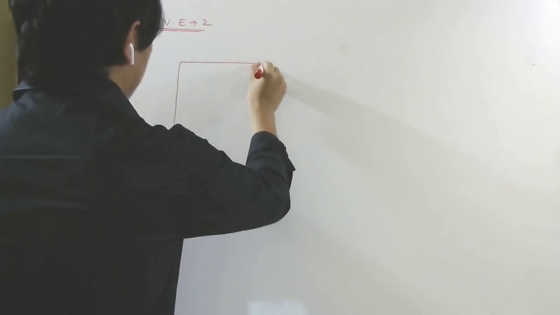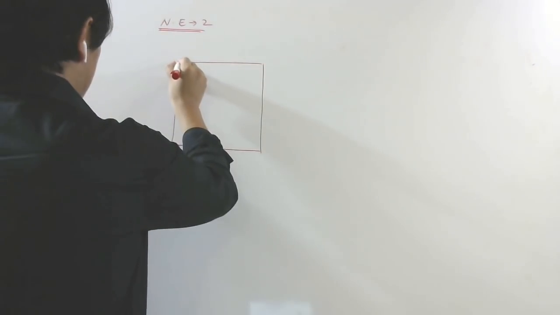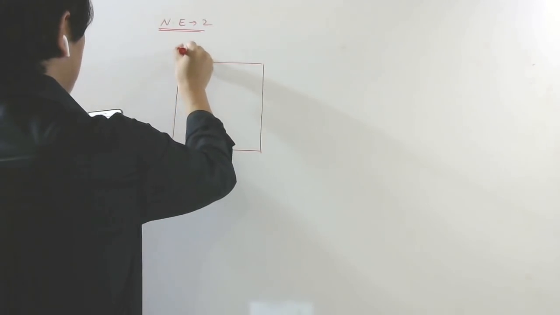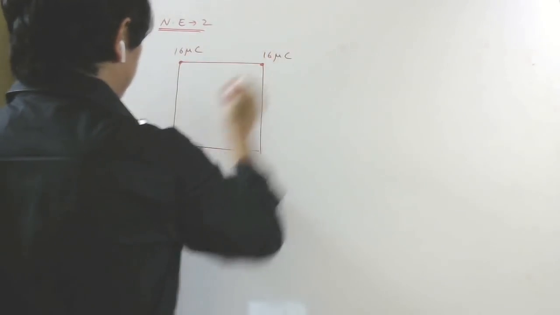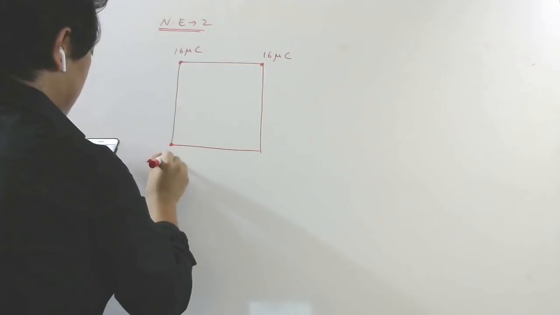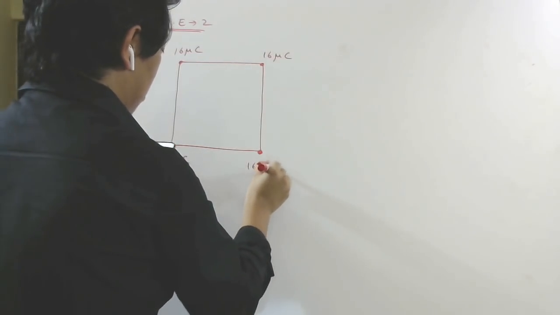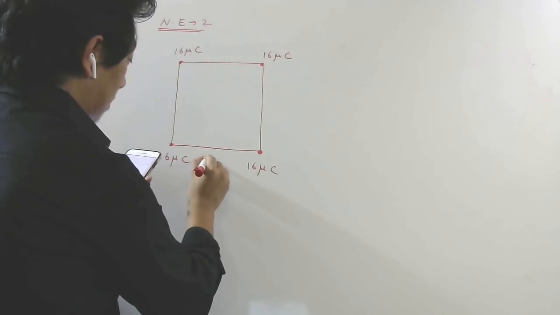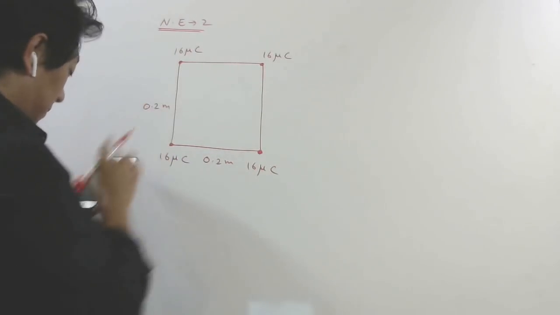So this time they have given you a square, and here there is charge 16 microcoulomb, here also 16 microcoulomb, here also 16 microcoulomb, here also 16 microcoulomb. All are like charges. And the side of the square is 0.2 meter. This is also 0.2 meter.